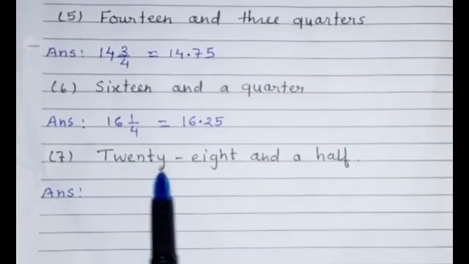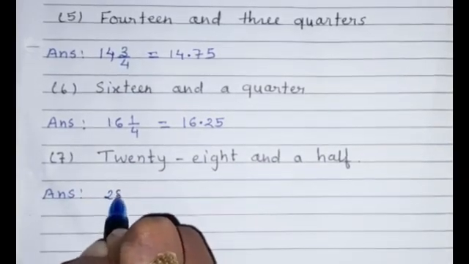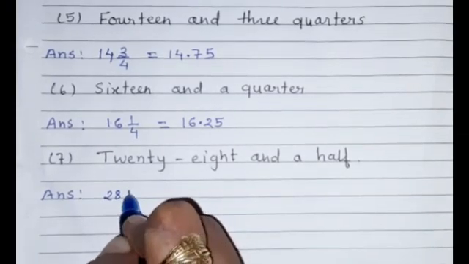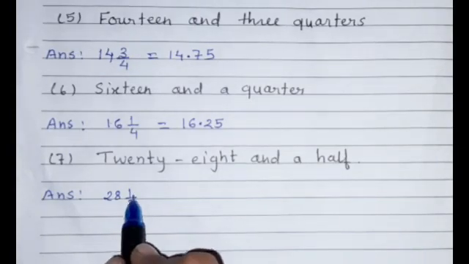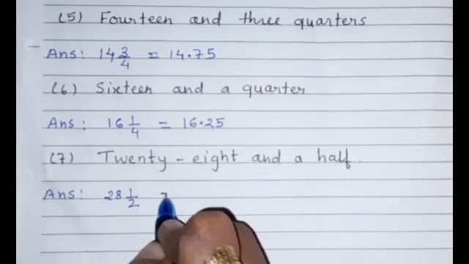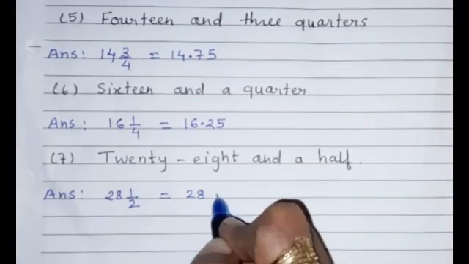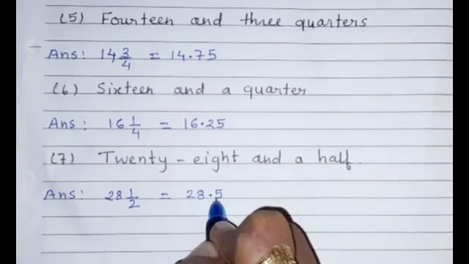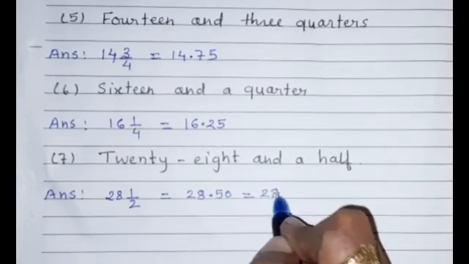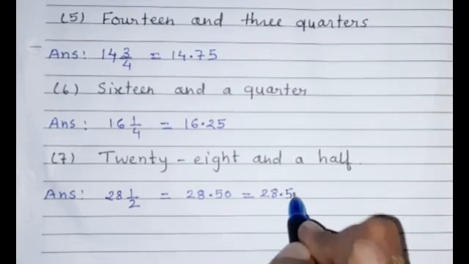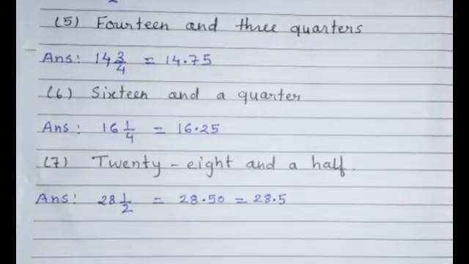Seventh one, 28 and a half. Write 28 and half as 28 and 1 upon 2. Now write in decimal, 28 and half is 28.50. You can also write 28.5. So 28 and a half is equal to 28.5.